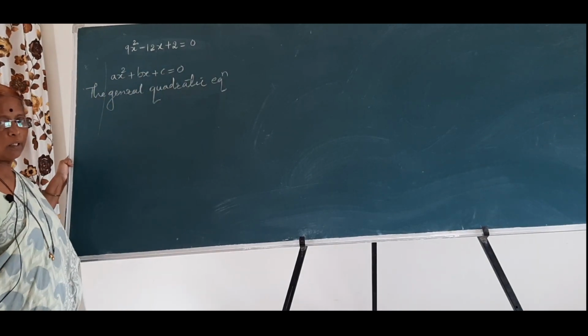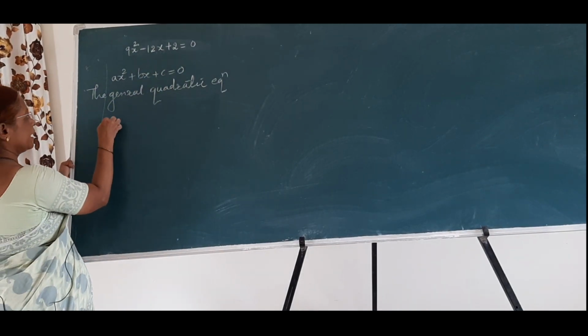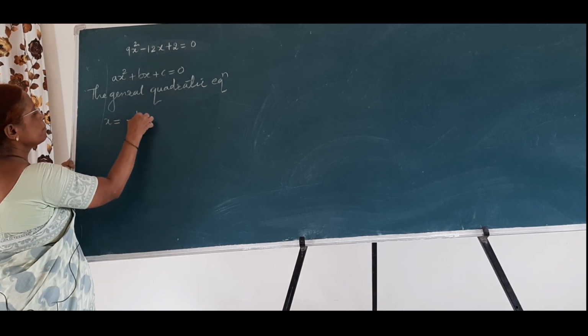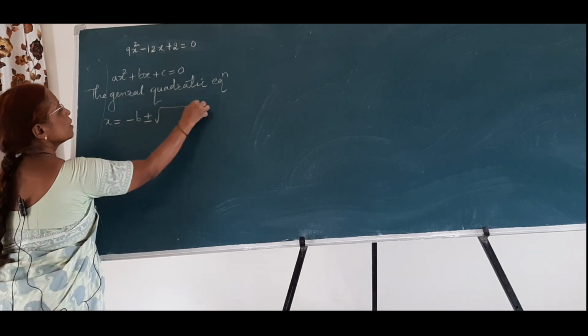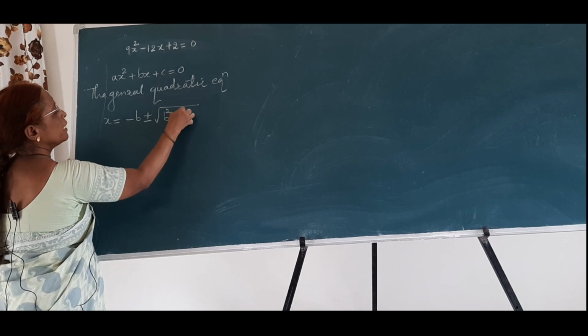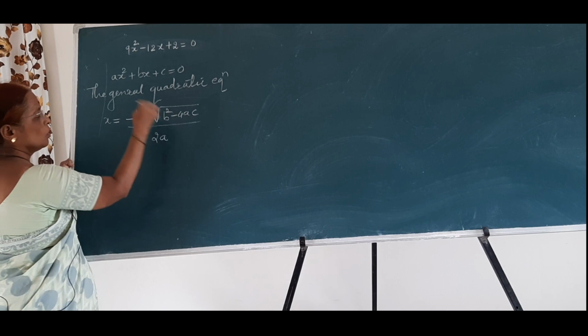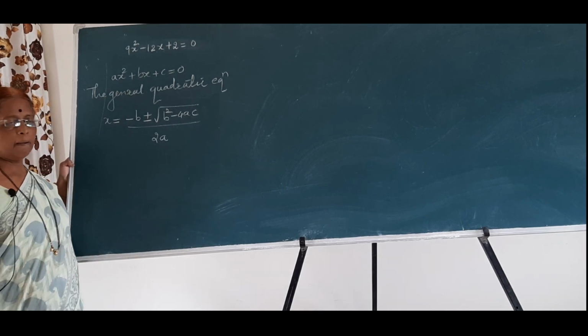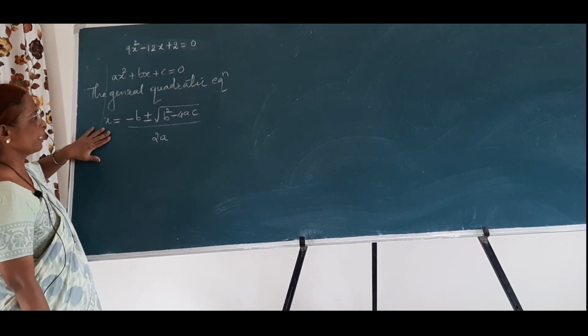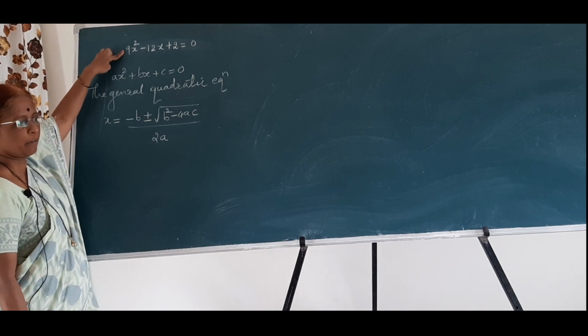Its formula is x is equal to minus b plus or minus square root of b square minus 4ac, upon twice of a. So this is the formula. By using this formula you can solve a given quadratic equation.